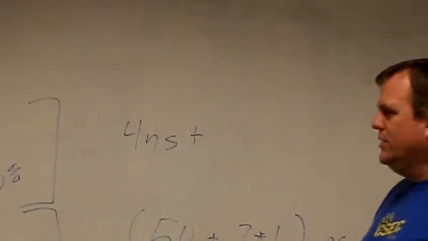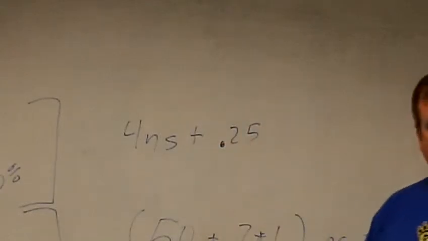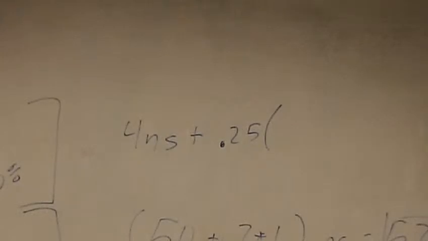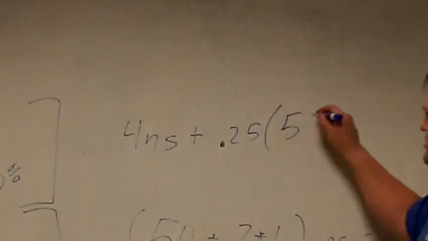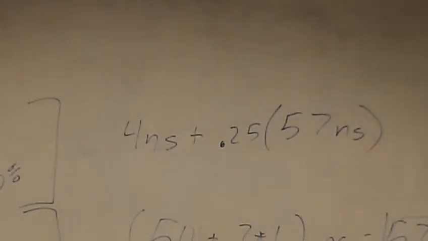Probability of a penalty is 0.25, your miss rate. It's the probability of a penalty. What's the penalty I have to pay? 57 nanoseconds. I have to go down to RAM. It's going to cost me 57 nanoseconds. Am I done?